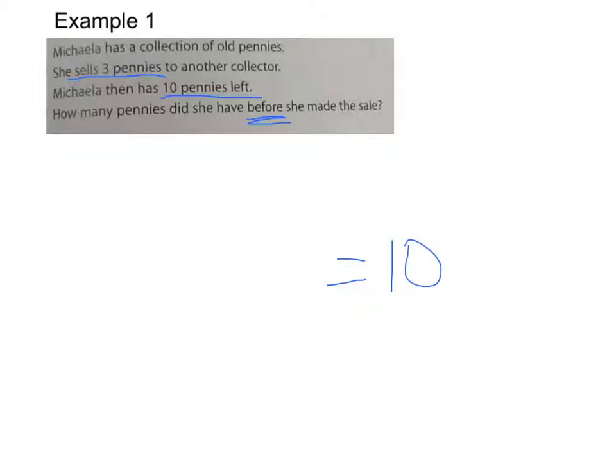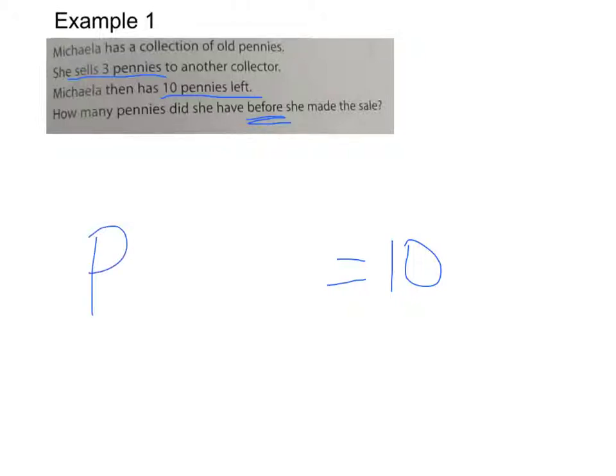That's kind of the end product. We're looking for how many pennies she had before the sale. So this part of our equation is going to be our variable because we don't know how many pennies she had before the sale.